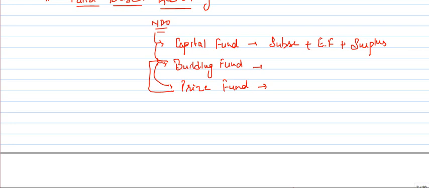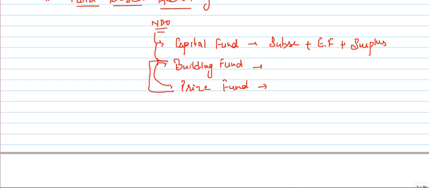A fund is nothing but an amount set aside for a specific purpose. On the completion of that purpose, if any amount is left, it should be transferred back to the capital fund. Clear?